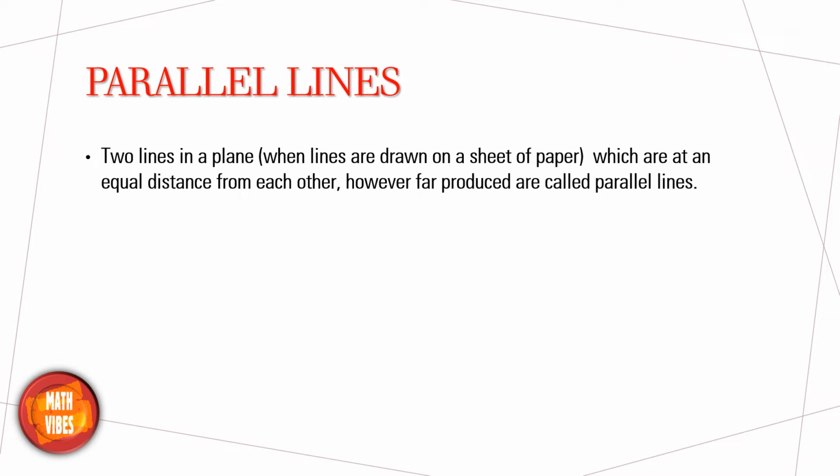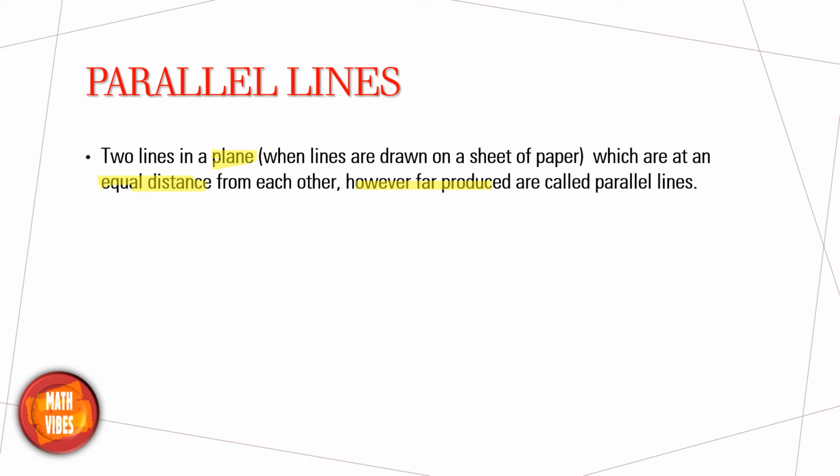So two lines in a plane which are at an equal distance from each other, however far produced, are called parallel lines. Equal distance is important over here, and however far produced, and of course plane.